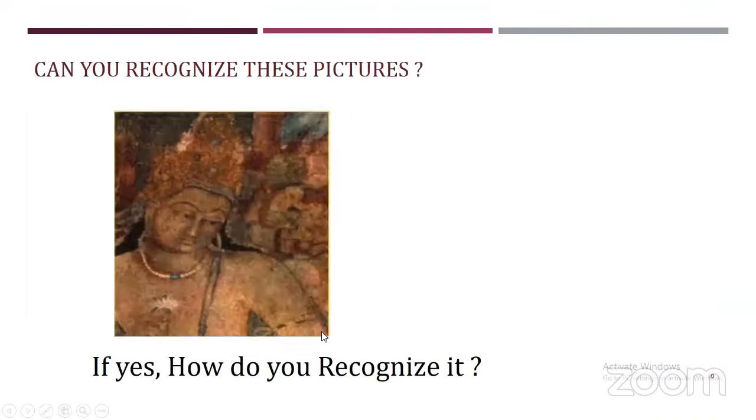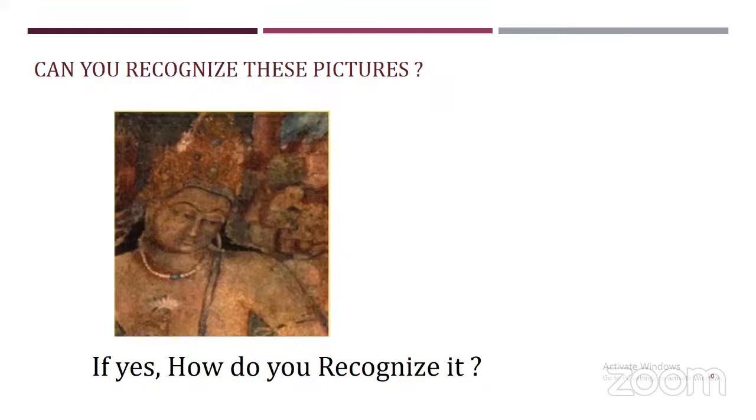Now let's come to exactly what learning is all about, how humans are learning, and how researchers are trying to transfer this capability to the machine. Now let's see this picture. Hopefully all of you are able to recognize it. This picture is related to the Ajanta cave.